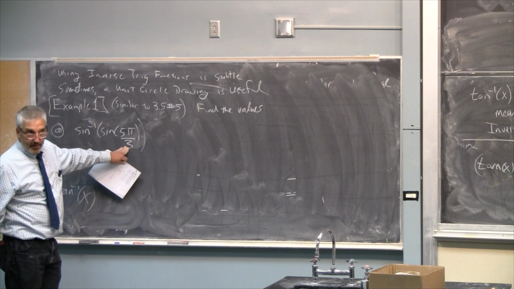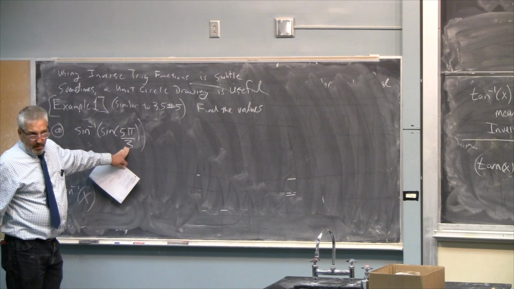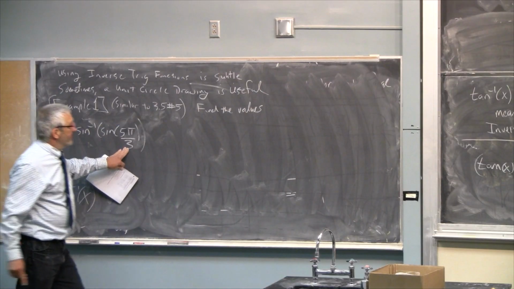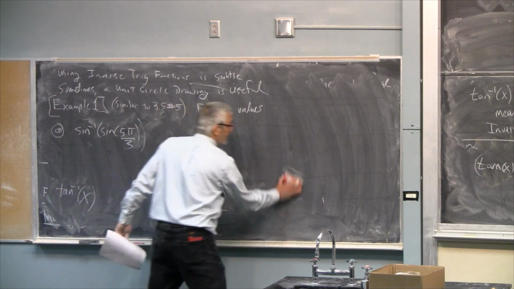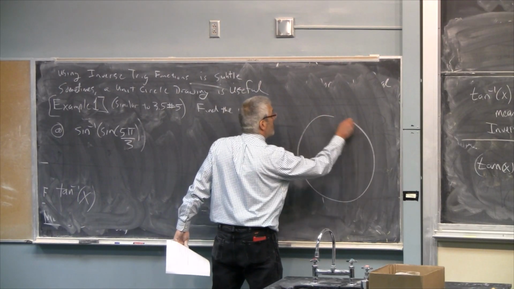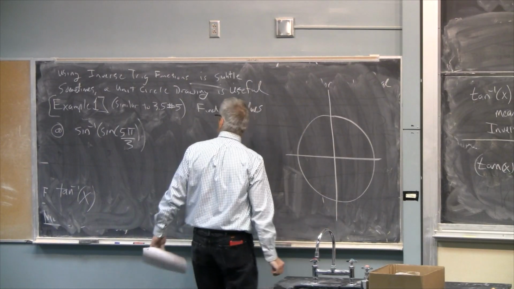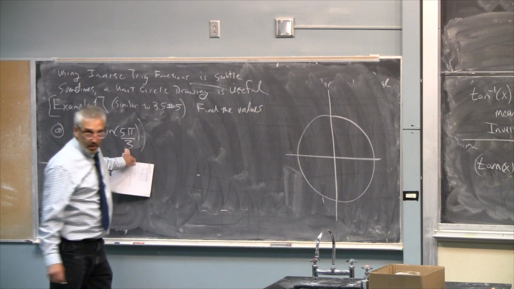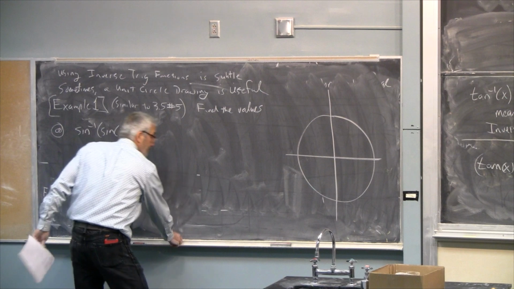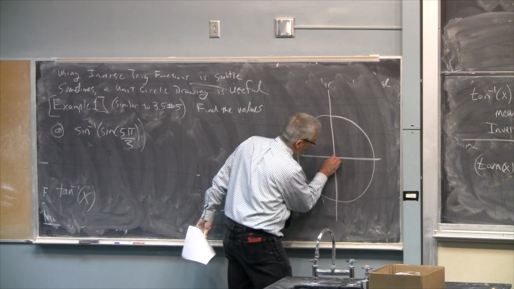This is not an x value that's in that nice domain. So what you have to do is, I find it useful to, first of all, make a unit circle. And the reason is because 5 pi over 3 is one of our famous angles. So I'm going to put that here.